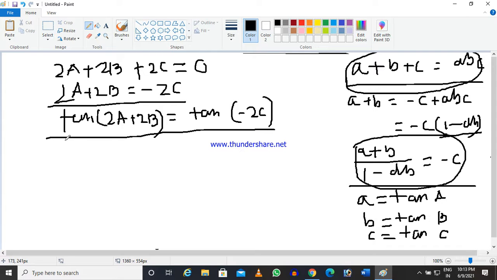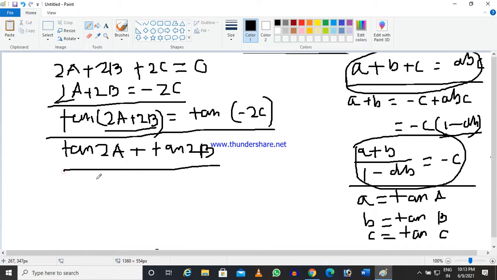If you expand it now, because this is the A plus B formula, tan 2A plus tan 2B by 1 minus tan 2A tan 2B is equal to minus tan 2C.